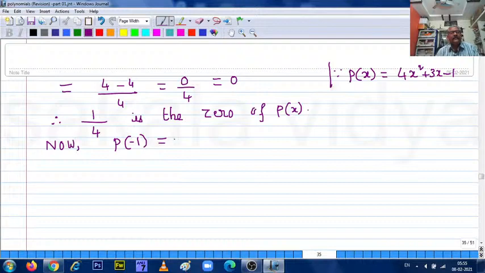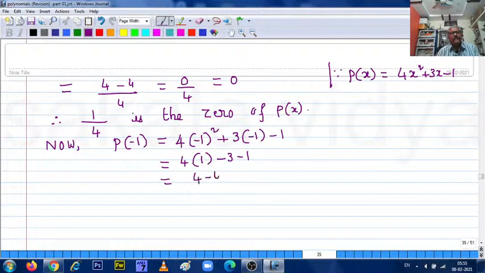In the place of x, minus 1, let us replace: 4 times minus 1 square plus 3 times minus 1 and minus 1. So 4 times minus 1 square is plus 4, minus 3 and minus 1. 4 minus 4, yes, 0. So therefore minus 1 is the zero of P of x.